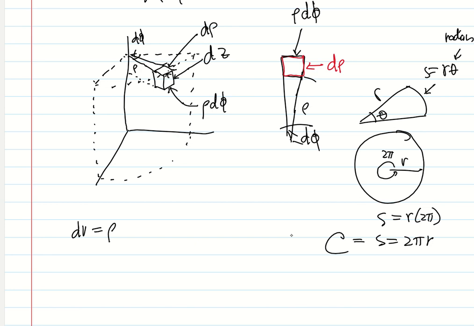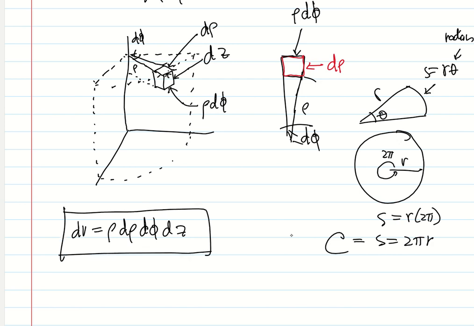We have rho d phi, which you can rearrange to d rho times d phi. d rho is fine because it's a length, and dz is also a length. So this will be our formula for the differential volume in cylindrical coordinates.